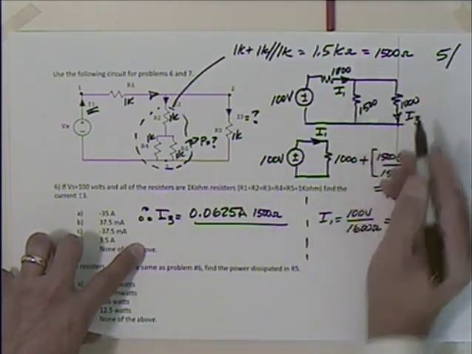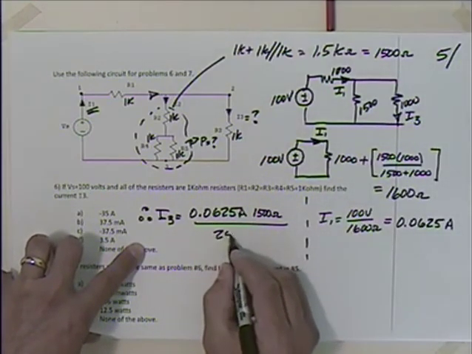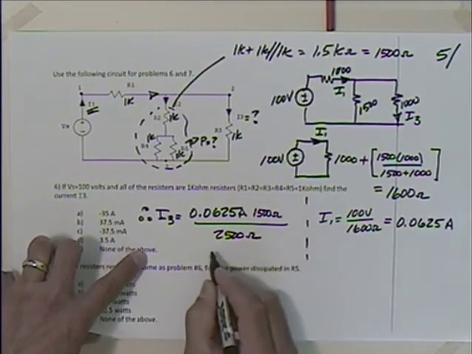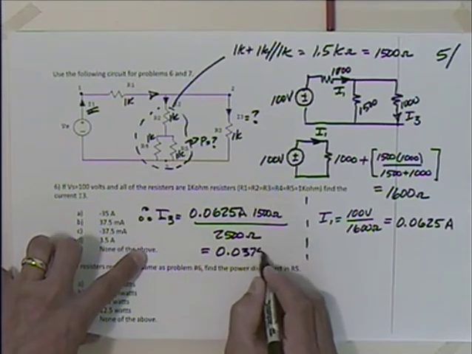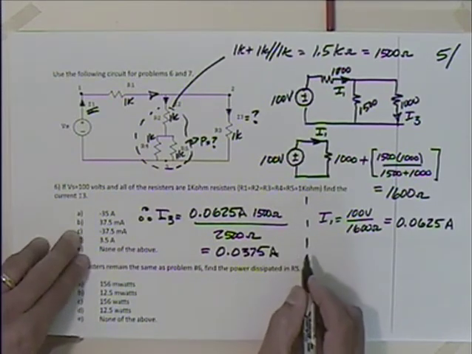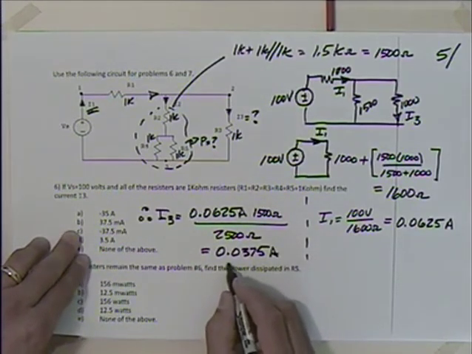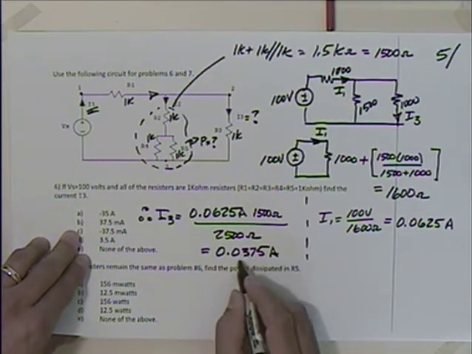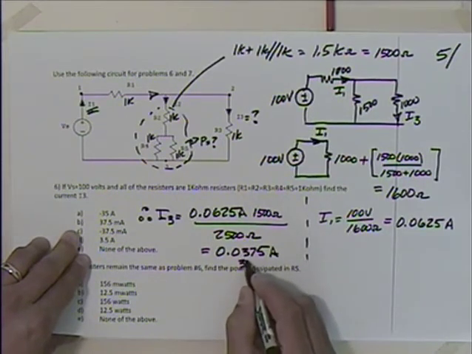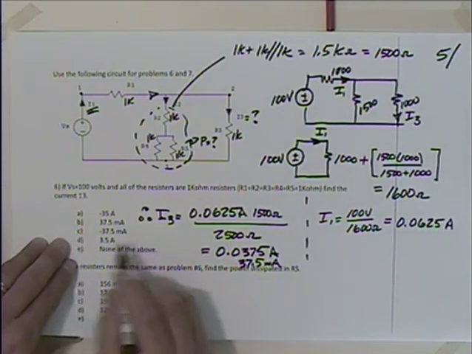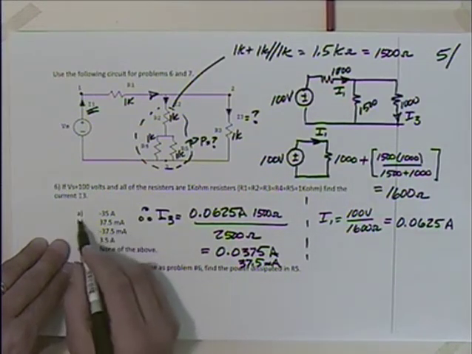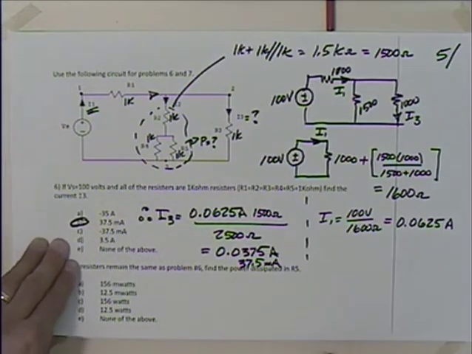What's the total of these two? 2500 ohms, right? Which gives you 0.0375 amps, which would be what? 37.5 milliamps. Okay, so it looks like we got answer B there.